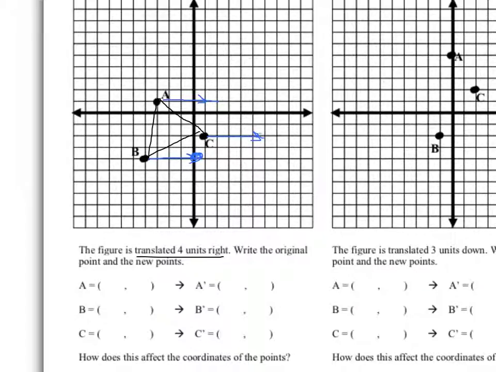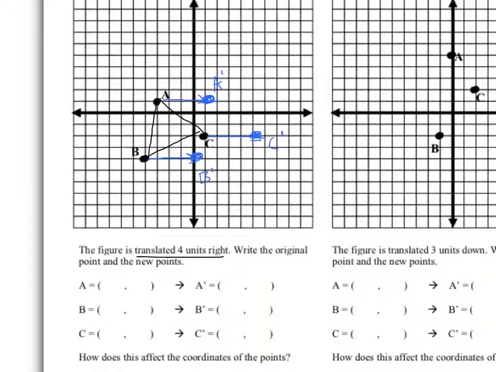So these would be where all of my new points would be. And when we translate a figure and say what its new points are, we call those points prime. So this is A prime. It's its new point. C prime is its new point. And B prime is its new point.